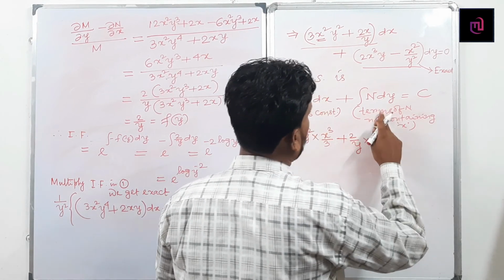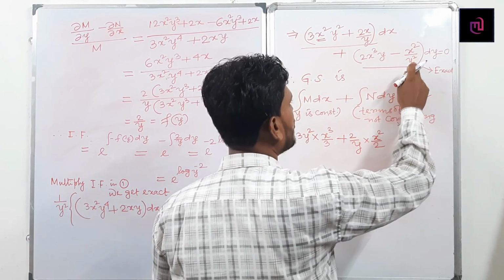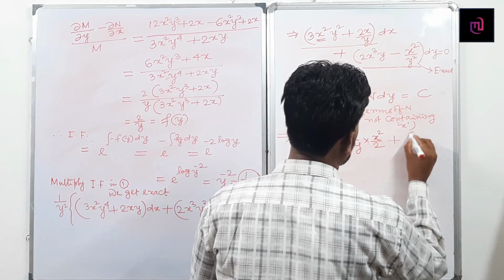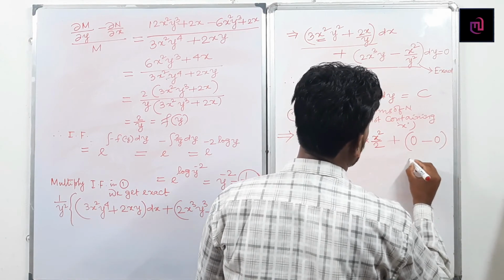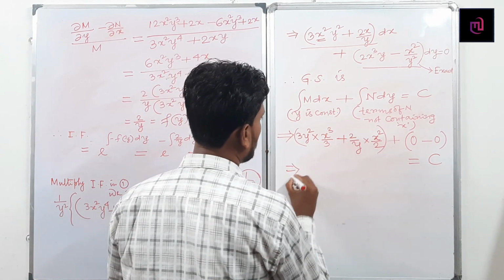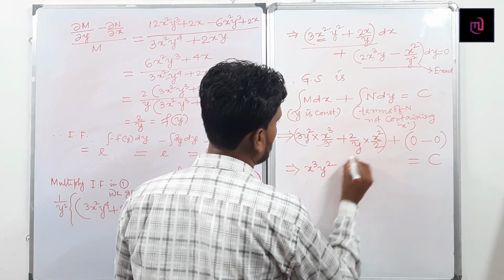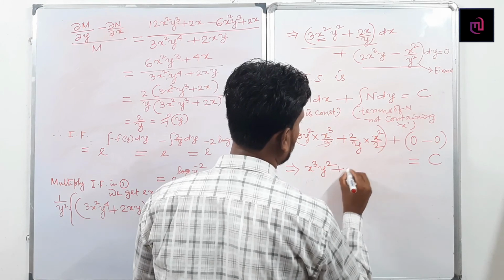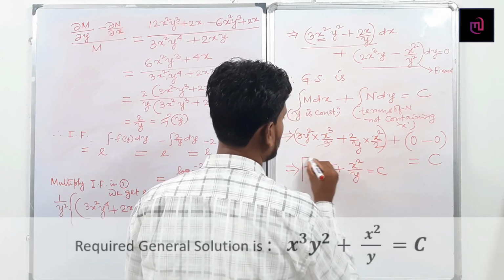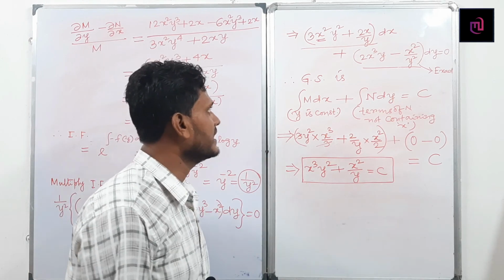Again integration of N dy, terms of N not containing x: this term contains x, so this part becomes 0, and this part also contains x, so the integration becomes 0. So finally 0 minus 0 equals arbitrary constant. The 3 cancelled, the 2 cancelled, so finally x cube into y square plus x square by y equals some arbitrary constant or integrating constant. So this is the required general solution of the given differential equation.